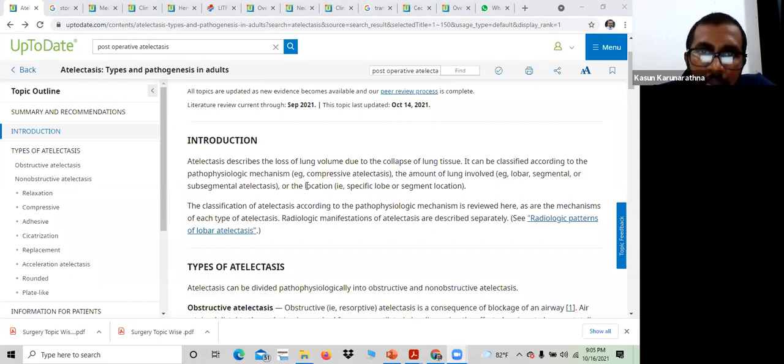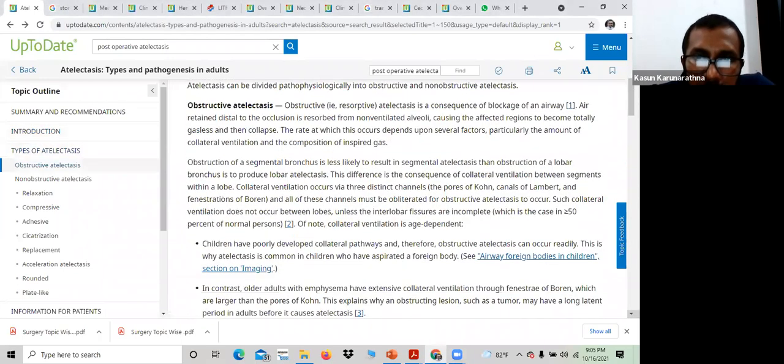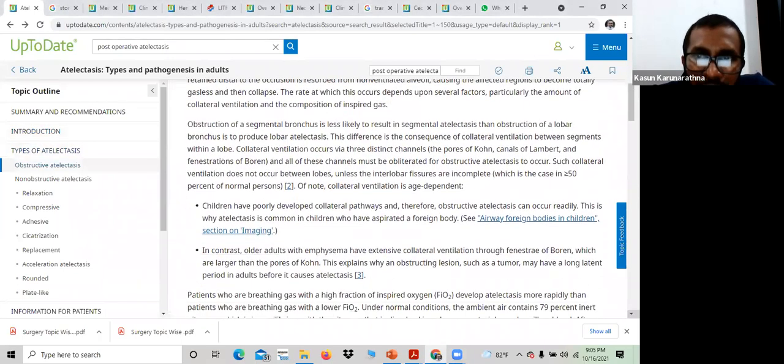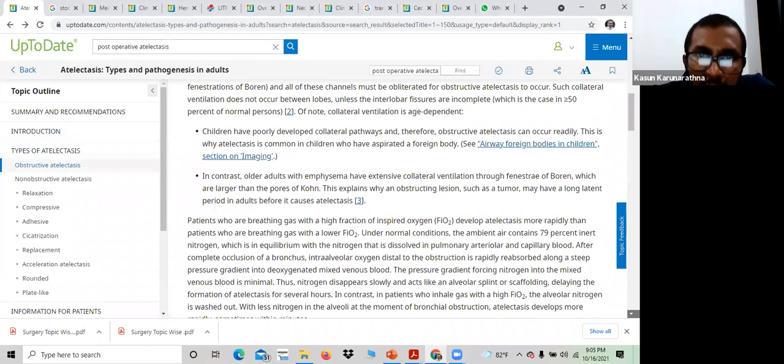It can be either obstructive or non-obstructive. It causes post-operative hypoxemia, but there's no correlation between post-op fever and atelectasis. That is the recent evidence. If you go through the articles, you can find that.